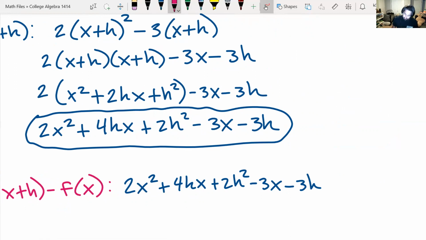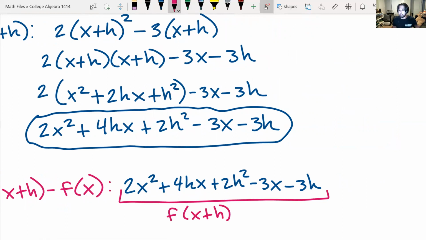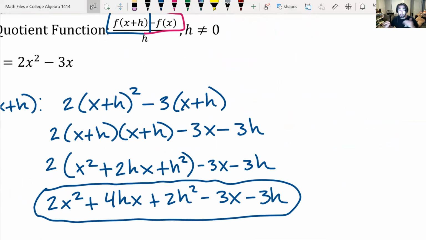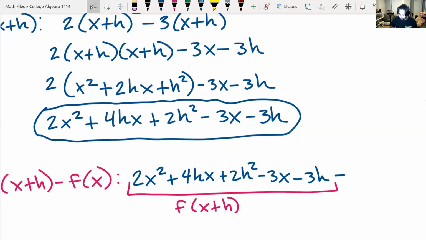So all of this is f of x plus h. And now we subtract f of x. We subtract the original function 2x squared minus 3x.